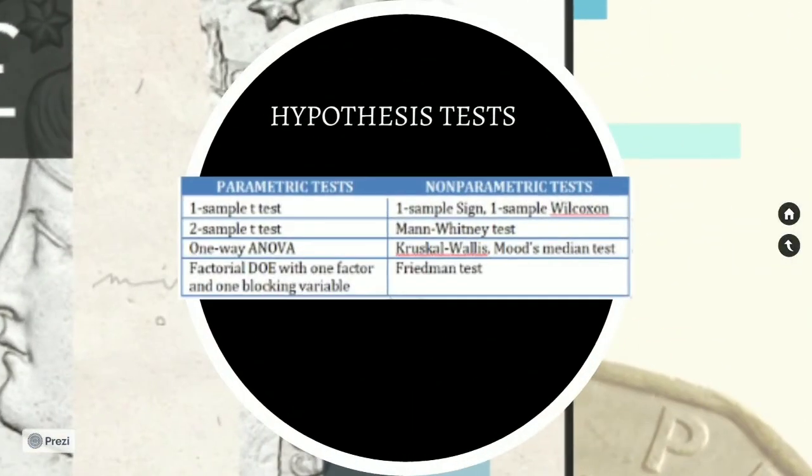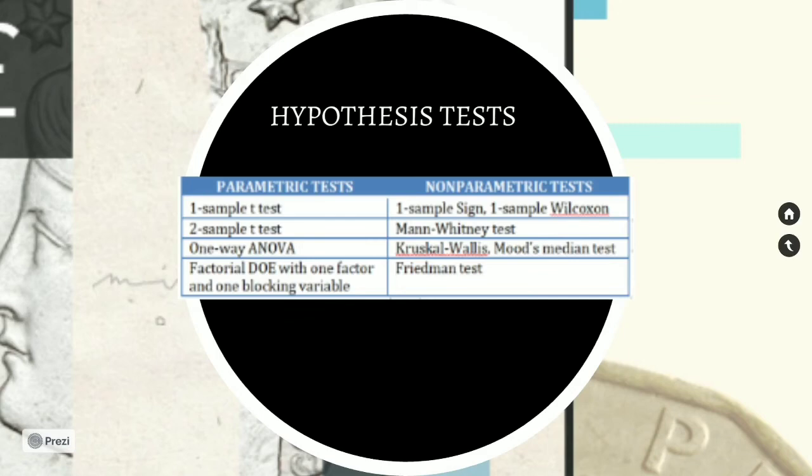Now here are the hypothesis tests of the mean and the median. You see, non-parametric tests are like a parallel universe to parametric tests. This table shows related pairs of hypothesis tests. If we have a one-sample t-test under parametric tests, we have the one-sample sign or one-sample Wilcoxon under non-parametric tests. Two-sample t-test for parametric, Mann-Whitney test for non-parametric.